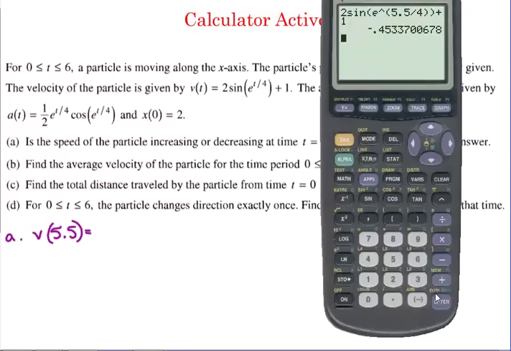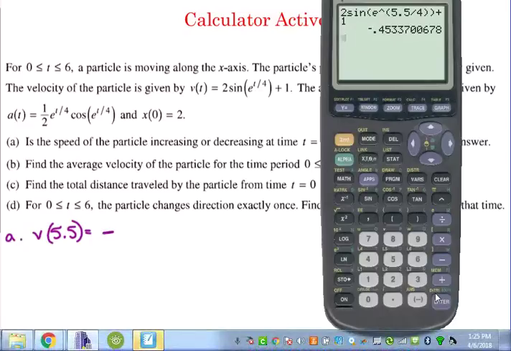Okay, press enter so we get negative. Okay, so a of 5.5. Let's see what we get there. 0.5 e to 5.5 over 4 cosine of e to 5.5 over 4. Okay, so it is negative.